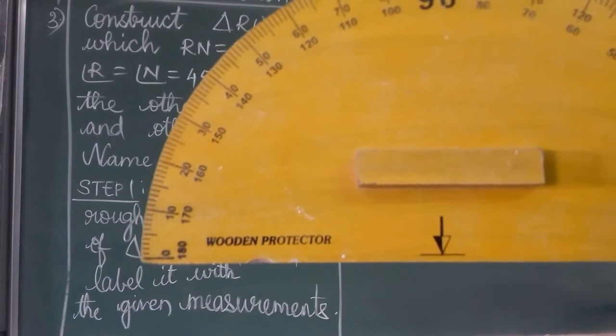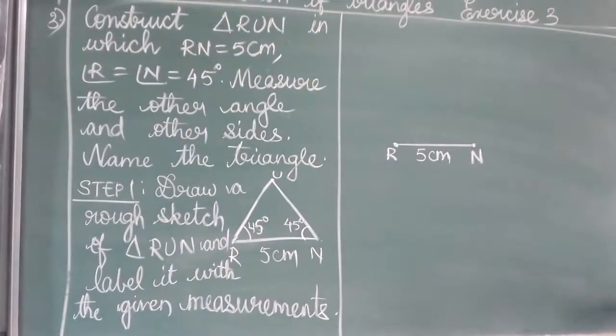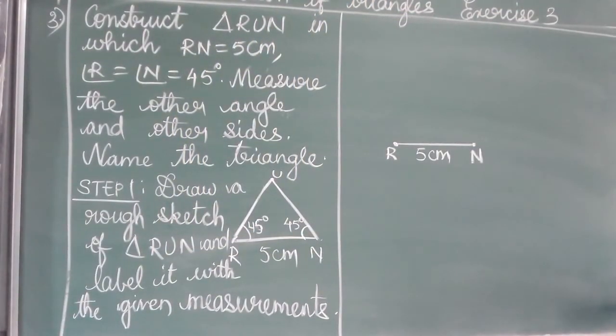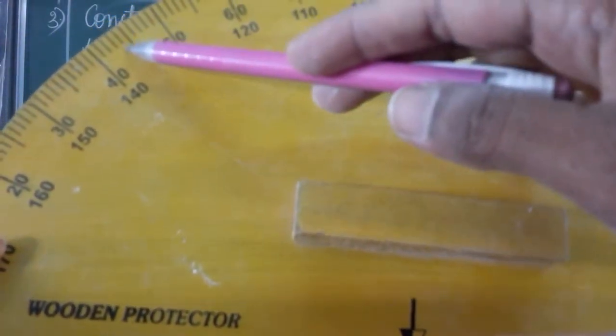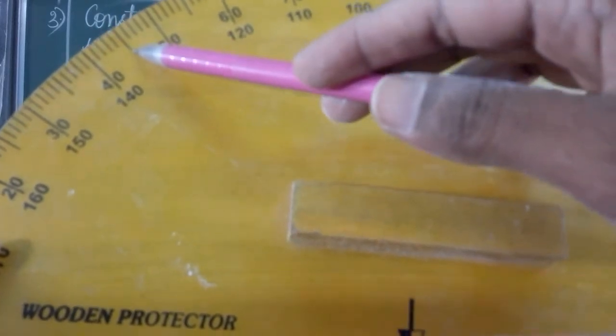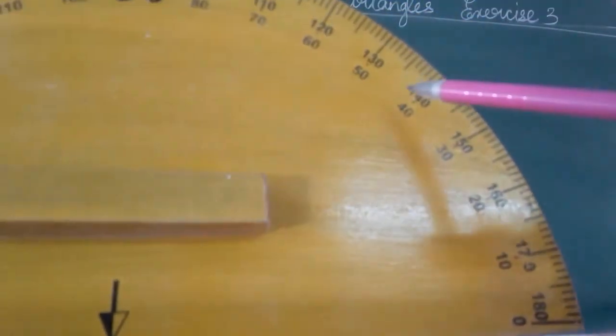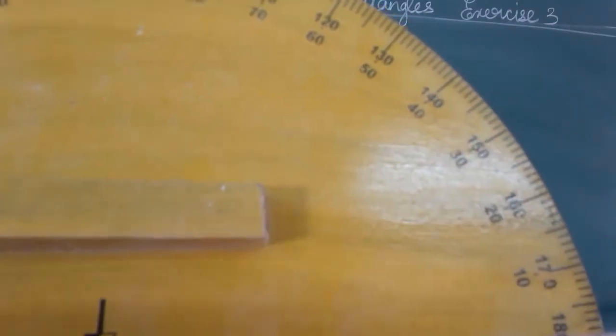I'll just show you. So this is 45 degrees, inner scale 45 degrees, and this is outer scale 45 degrees.